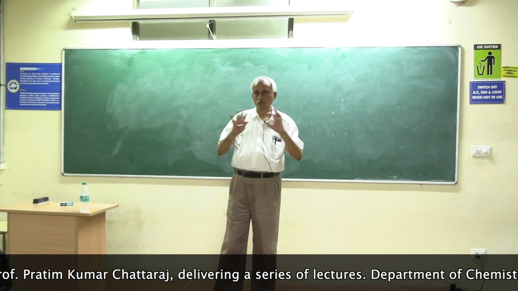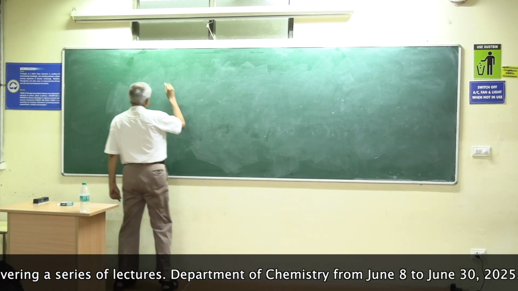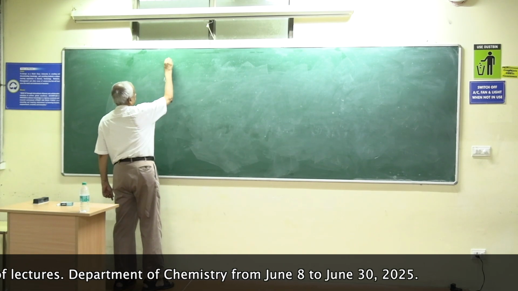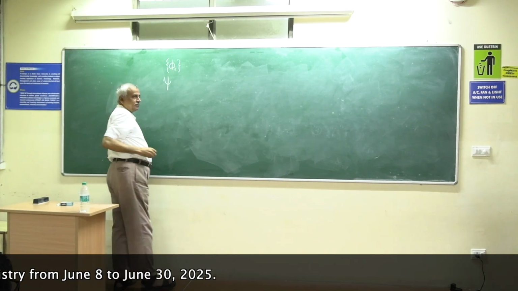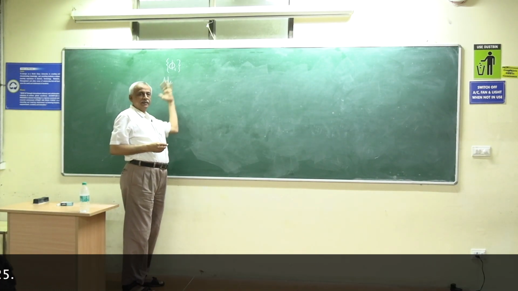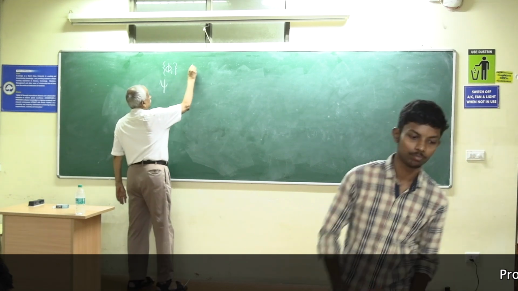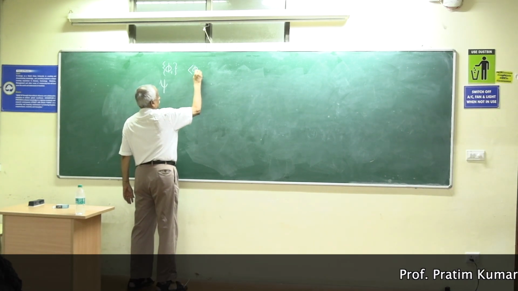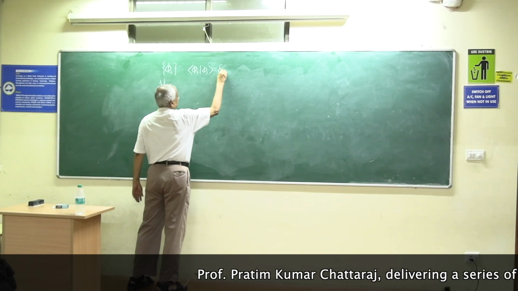Whatever we have shown so far, you can write any arbitrary function. Say you have a basis set like phi i. If it is complete, any function can be written as a linear combination of those functions, and if it is orthonormal, then phi i phi j is the Kronecker delta ij.